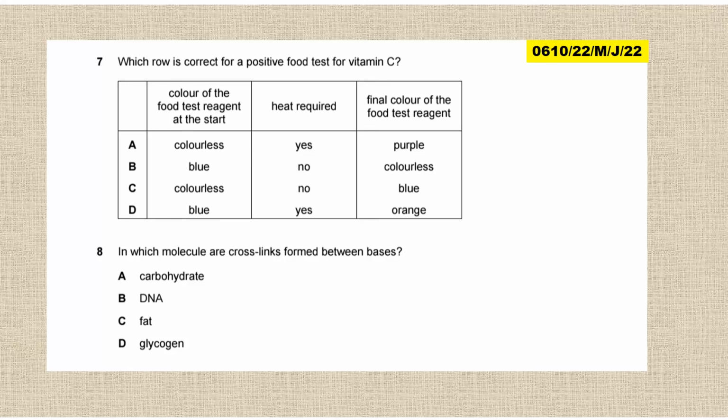Let us look at paper 2, variant 2, May, June 2022. Which row is correct for a positive test for vitamins? So vitamins, color of the food test reagent. DCPIP is blue, so you're going for blue. It turns colorless upon adding the vitamins.